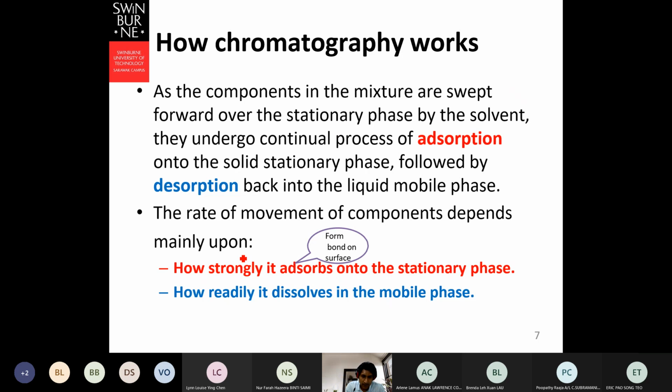And since it is a physical bond, it is not a very strong bond like chemical absorption, and that is why it can dissolve. Dissolve means holding on to some surface for some time and then releasing and going into the water phase again, moving a little bit up and then holding again. So adsorption and desorption, this type of process continues as they go along.